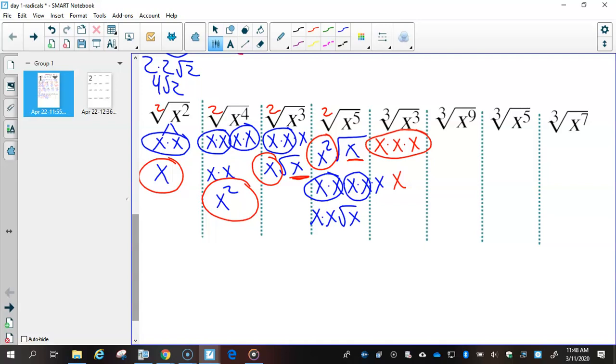I'm going to skip one. For this one, it would be x times x 5 times. I have one group of 3 in this 5. So that one group would get to come out, but the 2 other x's would stay inside.